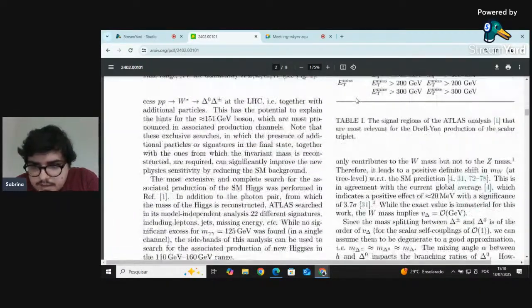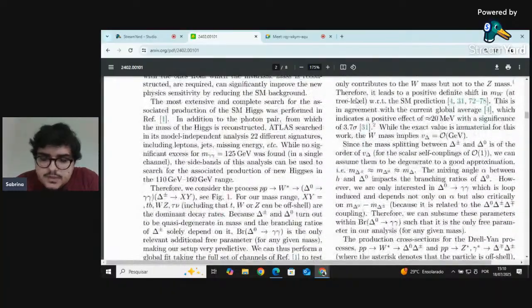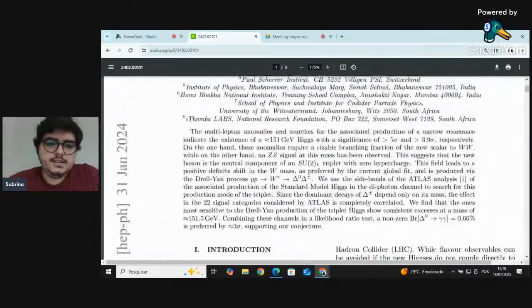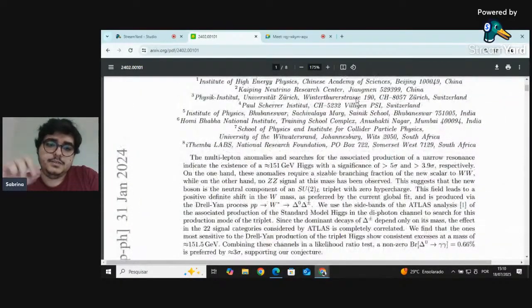Let me see. This is somewhere down there, but I don't remember. It is in the range of mass that implies a 151 GeV new scalar.